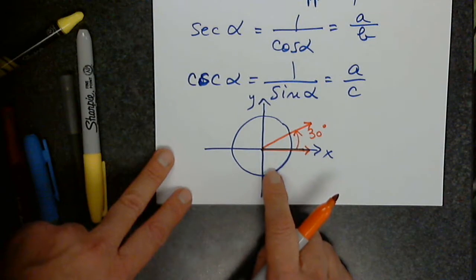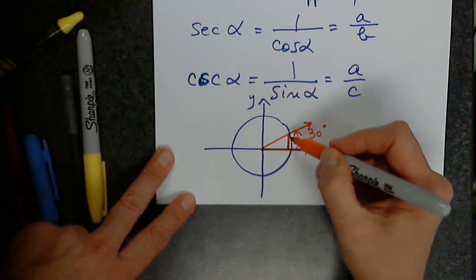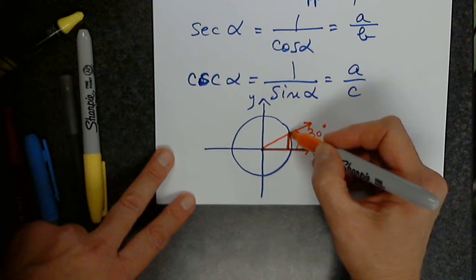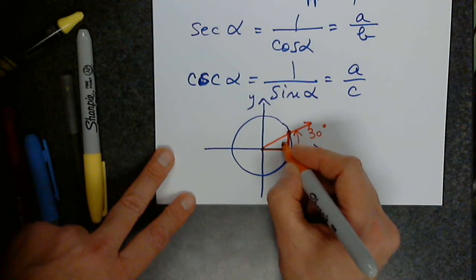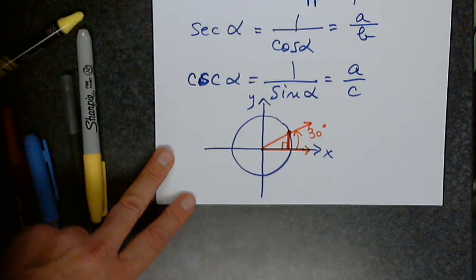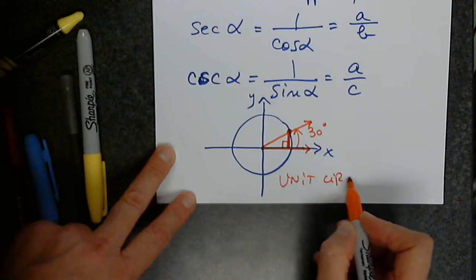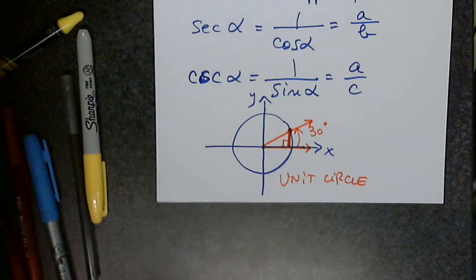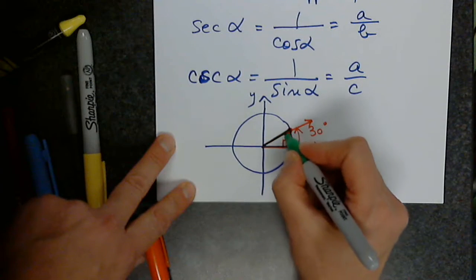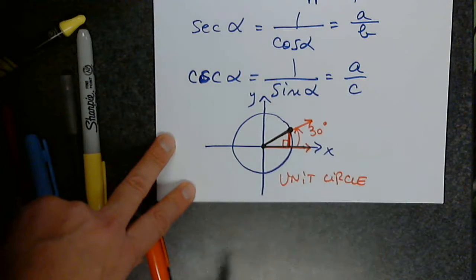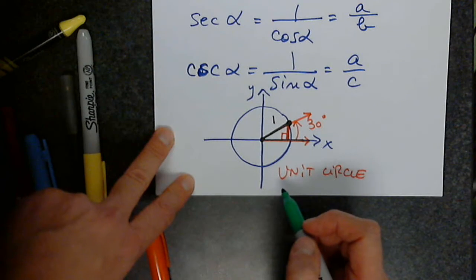Now, using this center angle of 30 degrees, I will draw a vertical line from this point onto the x-axis, and that's how I form a right triangle. Since it's the unit circle, can anyone tell us what is this length, from this point to the center? 1, very good.